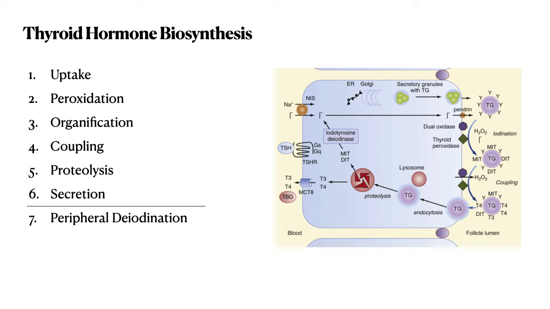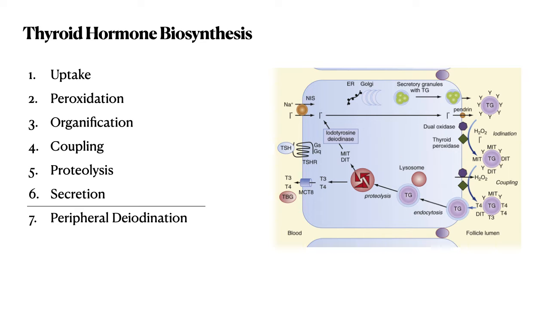Okay, so after proteolysis, the end hormones will be secreted into the circulation, and it will then circulate with the blood to the different tissues of the body.